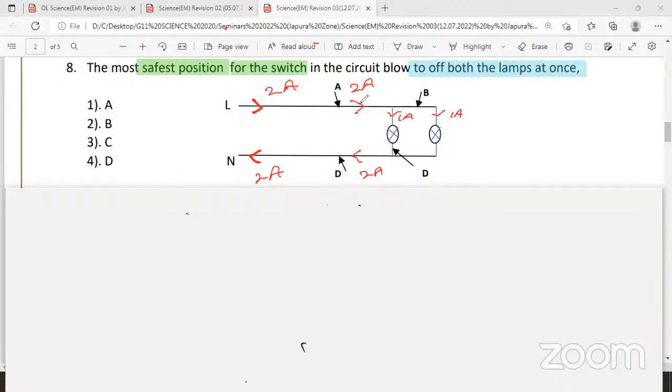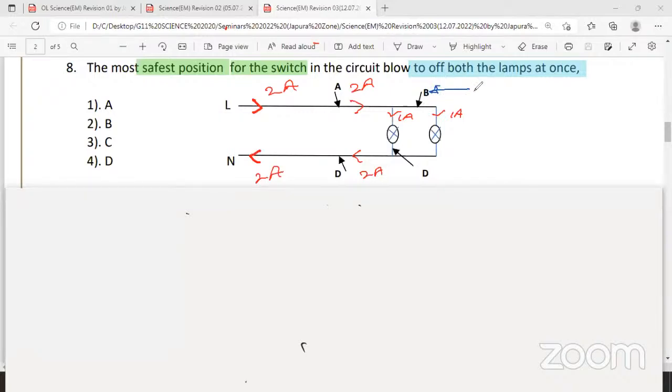Why the switch? To turn off both lamps at once. Let's see, I'll put an arrow. If you put the switch at point B, you can turn off only the second bulb.